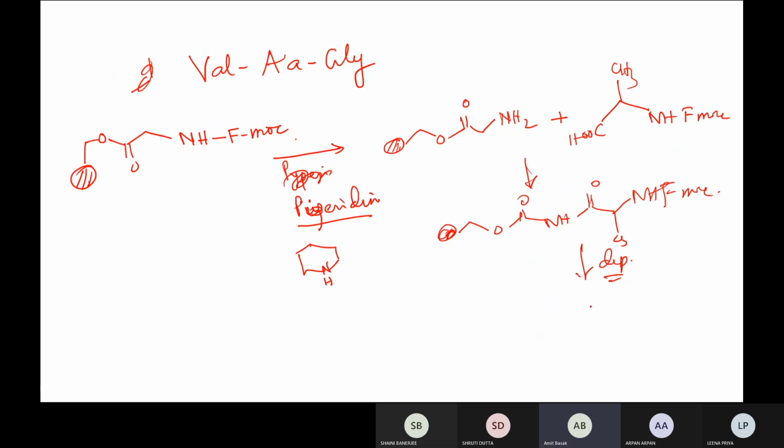And finally, the final amino acid should be protected as BOC. There was OCO, or glycine.